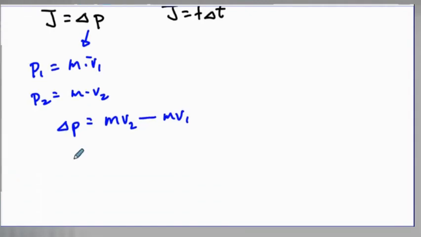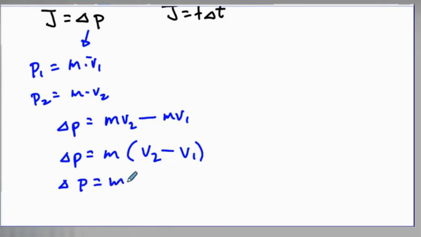Okay. So what we could say is that the change in momentum, if we factor out the mass, would be the V2 take away V1. And going way back to our kinematic stuff, we know that V2 take away V1 is just our delta V. So there we have a new formula for thinking about our change in momentum.